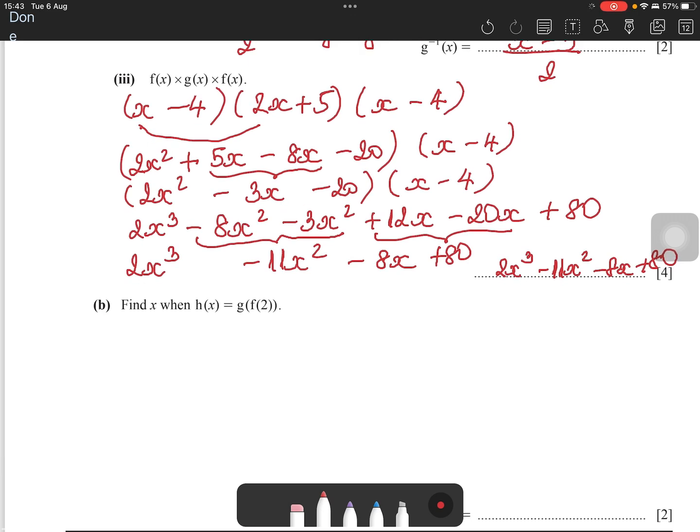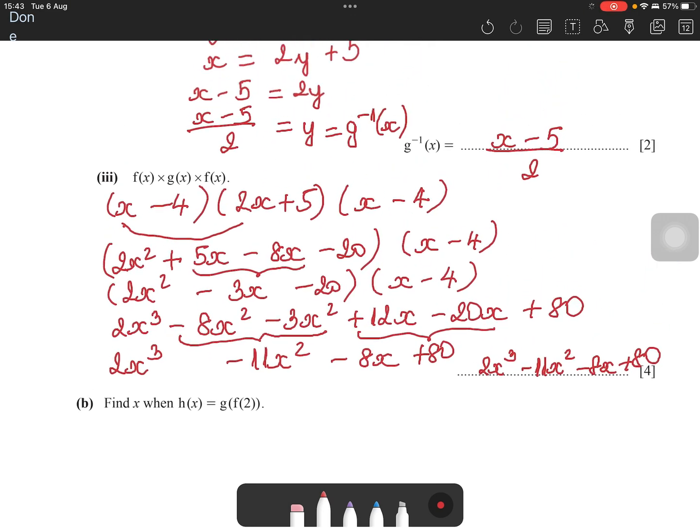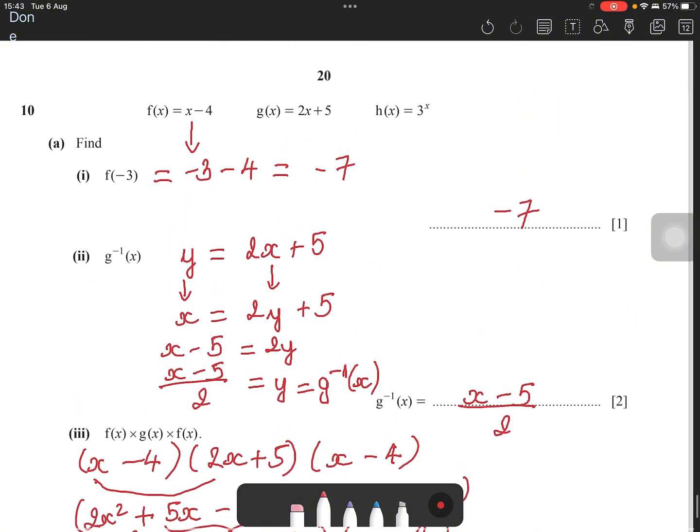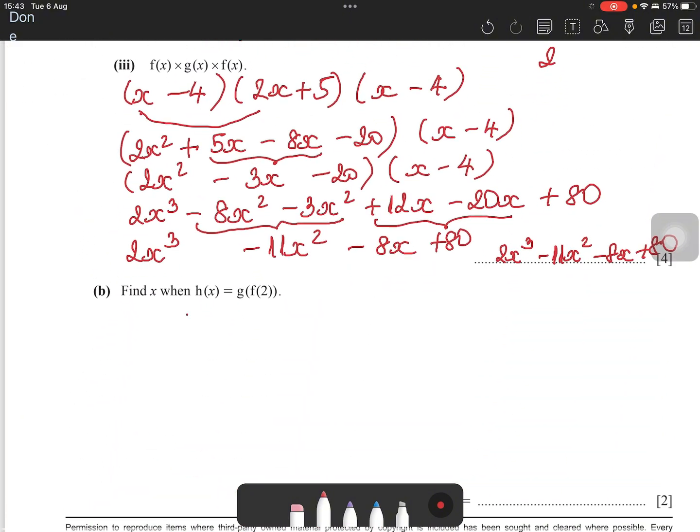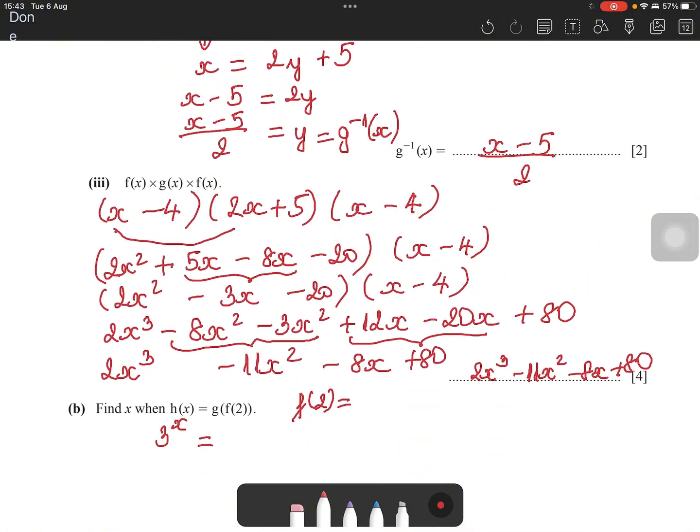B. Find x when h of x is equal to g of f of 2. h of x is 3 to the power of x. The left-hand side is 3 to the power of x. The right-hand side, first we need to determine f of 2. f is x minus 4, so f of 2 means x minus 4.